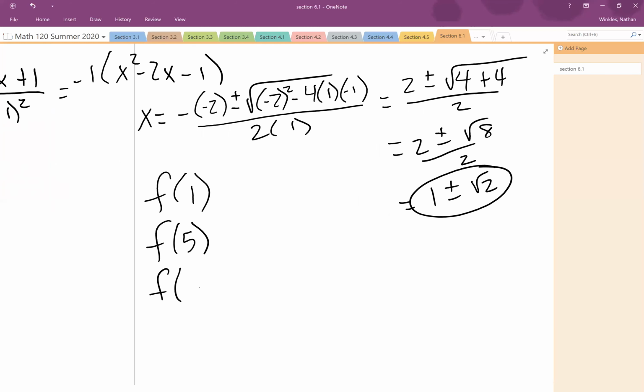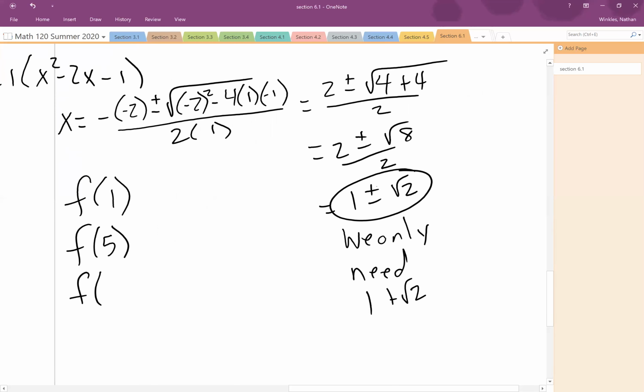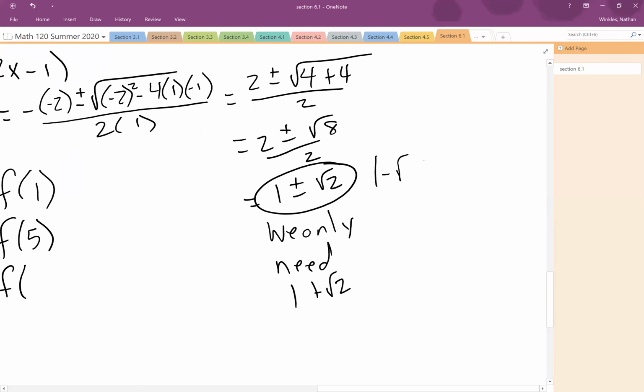So we only need 1 plus root 2. 1 minus root 2 is approximately negative 0.4, which is not in that interval. So that's why we only need 1 plus square root 2.